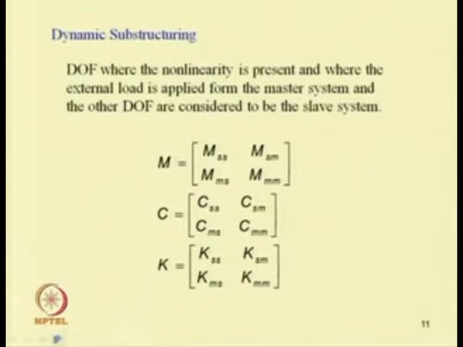Now we can use another method, known as dynamic substructuring, in which we divide the mass, stiffness and damping matrices using slave and master degrees of freedom. We take the degrees of freedom where the nonlinearity is present and where the external load is applied as the master degrees of freedom, and all other degrees of freedom as the slave degrees of freedom.